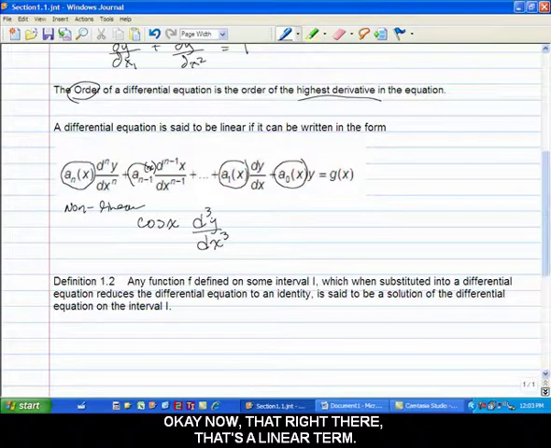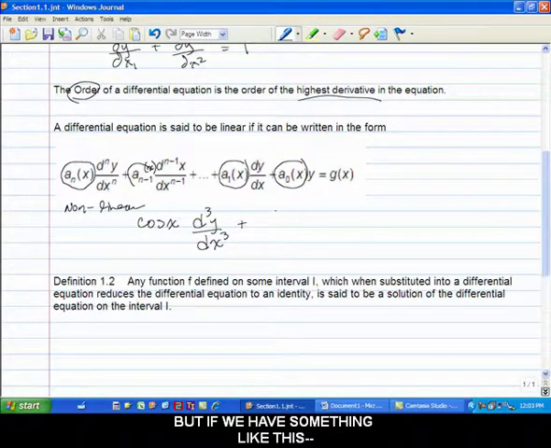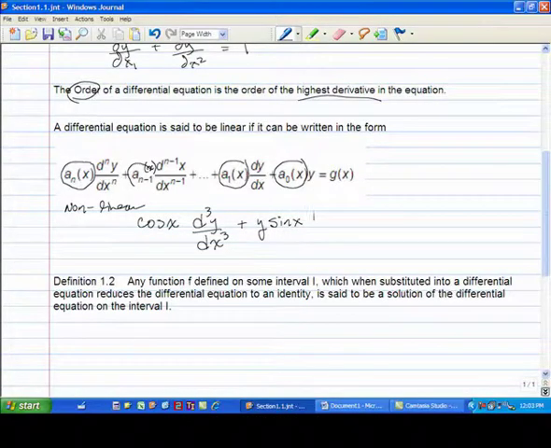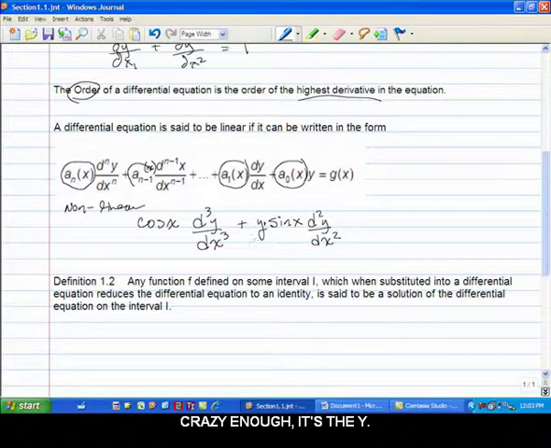That right there, that's a linear term. That's not a problem whatsoever. But if we had something like this, it wouldn't be the sine x that would make it nonlinear, crazy enough. It's the y times the second derivative of y.